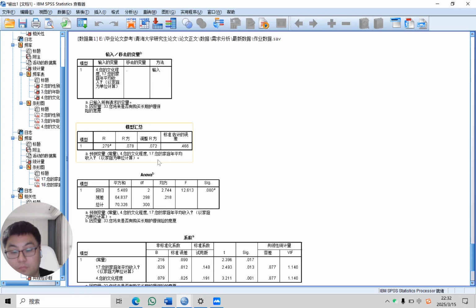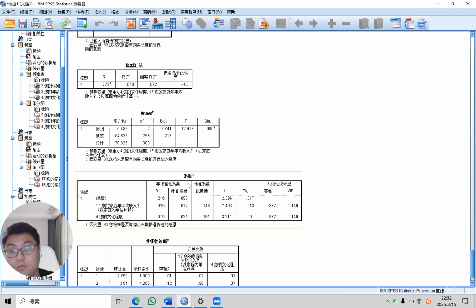From there, we can see the R squared here is 0.072, indicating that the degree of influence of the independent variables on the dependent variable is about 8%.